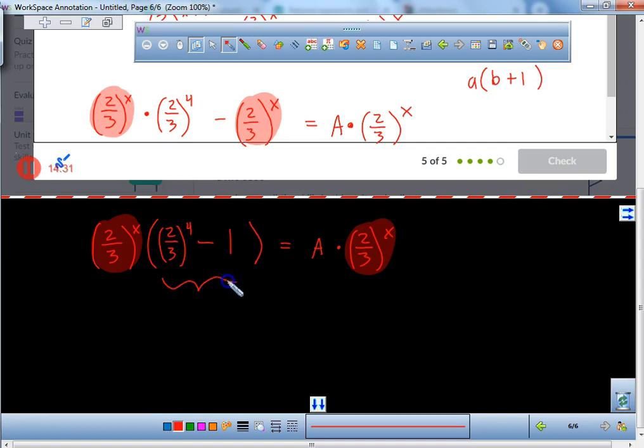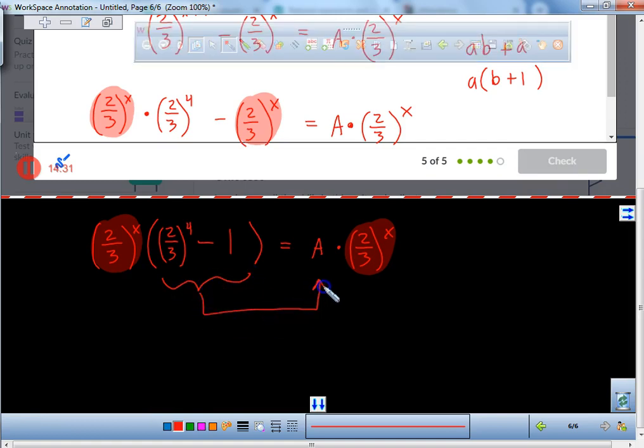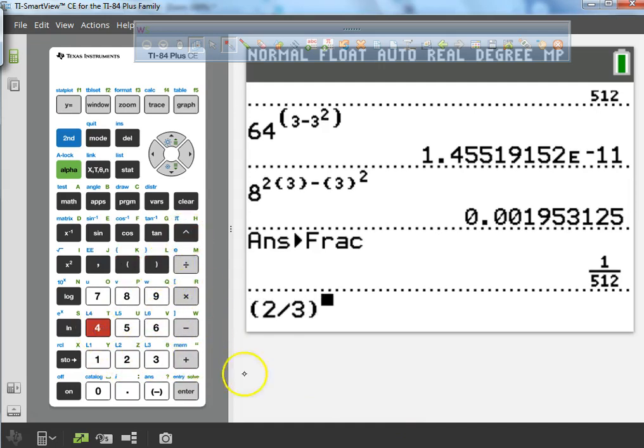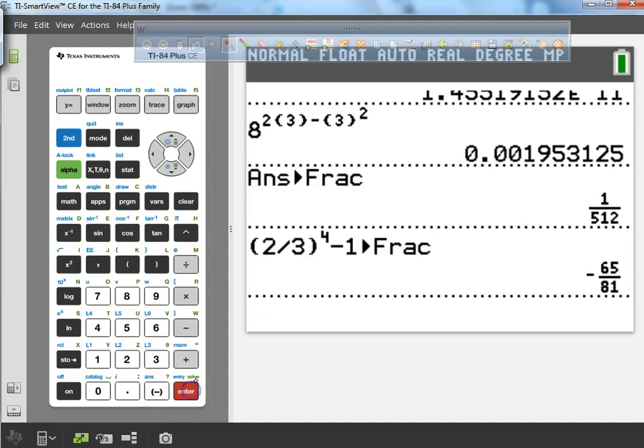So all of this right here has to equal a. So this is where I'm going to plug it into the old graphing calculator and come up with an answer. So I'm going to take parentheses 2 divided by 3, close parentheses, raise that to the power of 4, and then just put minus 1. And then hit the math button and press enter twice.